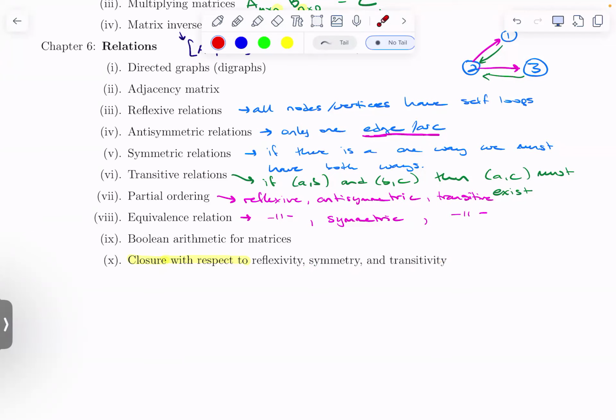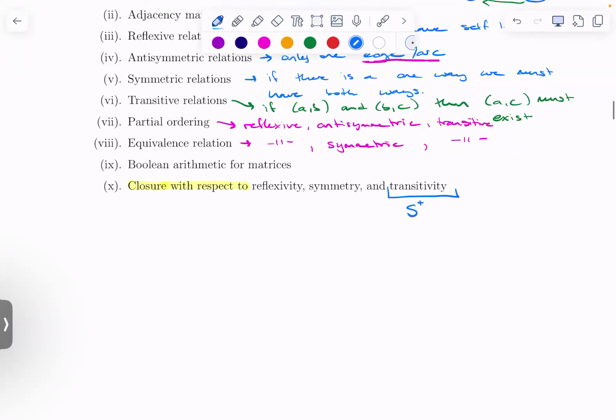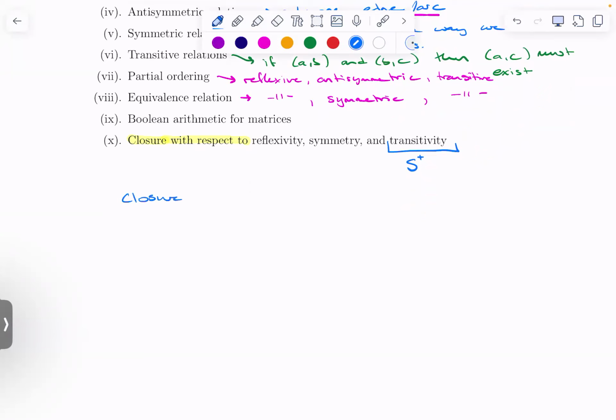It's the transitivity, but we did talk about the closure of the transitivity is going to be that S plus or R plus or whatever, but we introduced it as S plus, which is the closure with respect to transitivity (WRT) of some relation R on A, where the cardinality of A, let's say, is N, generically.